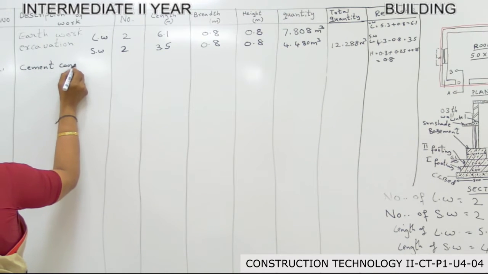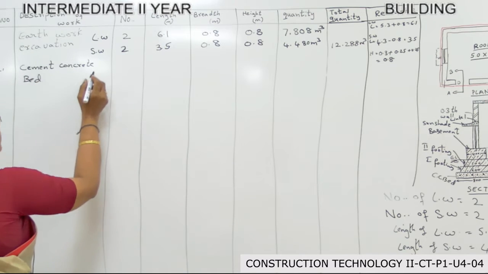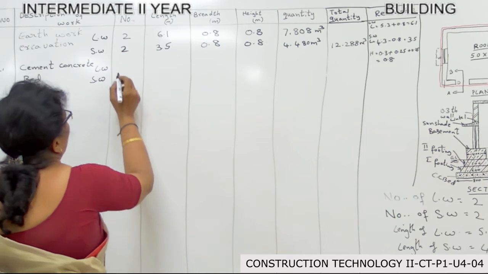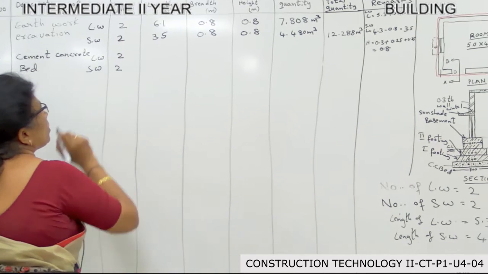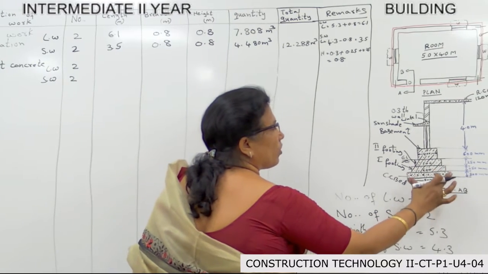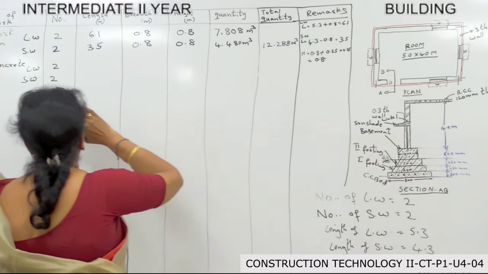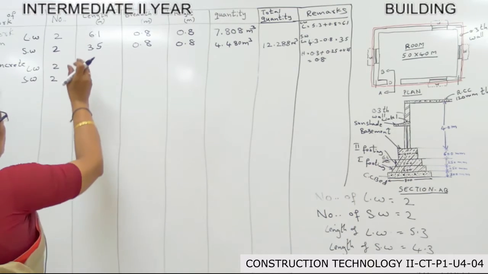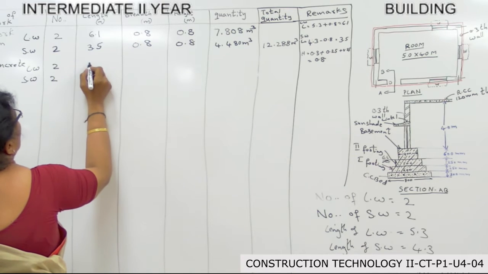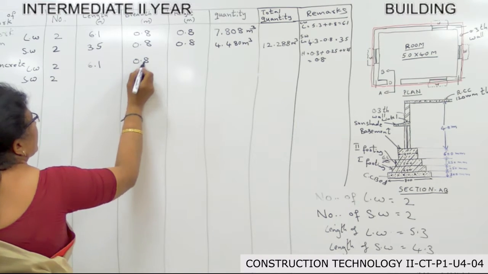Now coming to the CC bed, cement concrete. Again, you have to take long wall separately and short wall separately. Number of long walls 2, number of short walls 2. So whatever width and length is there, for the whole length and width we are going to lay cement concrete. So length will be same and breadth will be same here.